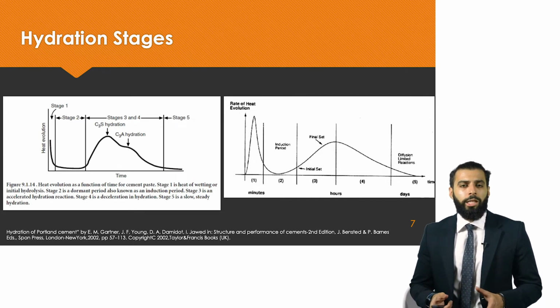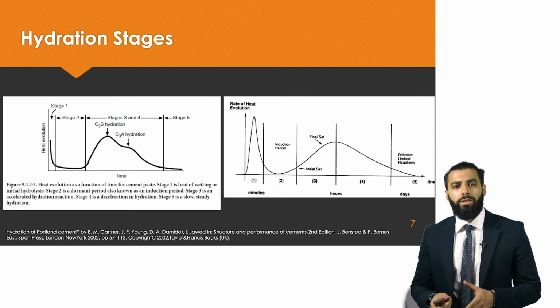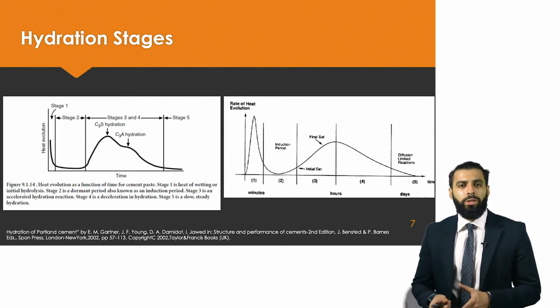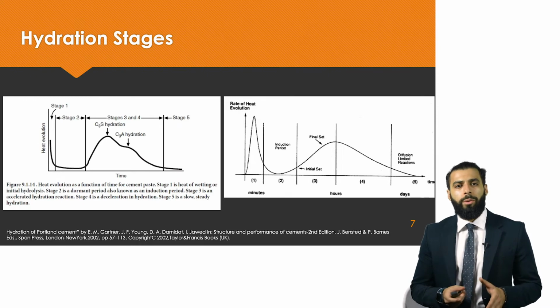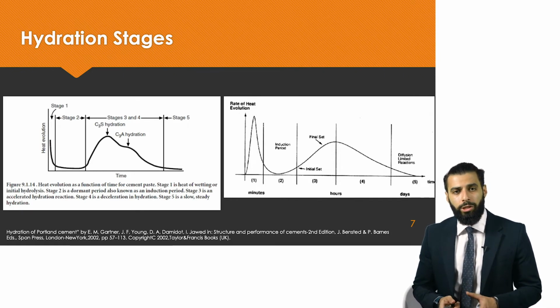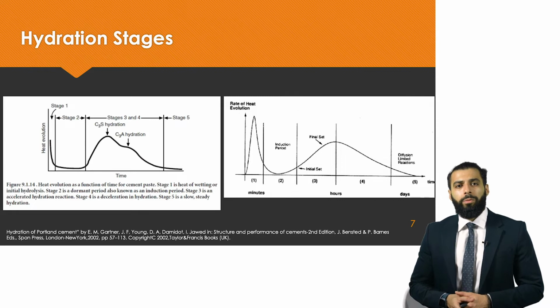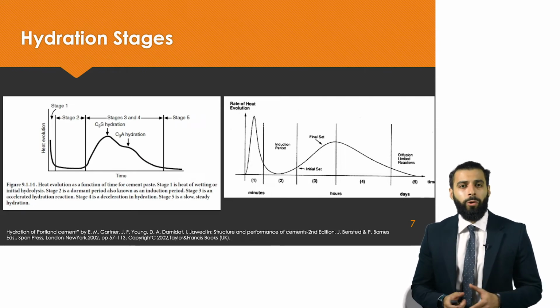But usually the hydration of C3S would be finalized just a bit before C3A. C3A, of course, is the one that has the greatest rate of hydration. That's why we add gypsum to our cement when we produce our cement product, to make sure that we control that hydration process.